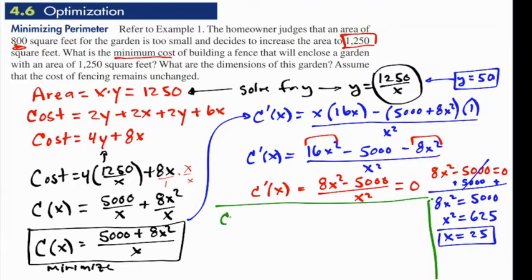So we're going to find c double prime of x, take the bottom function, multiply it by the derivative of the top function, subtract the top function, and multiply it by the derivative of the bottom function, and put all of this over the bottom function squared.